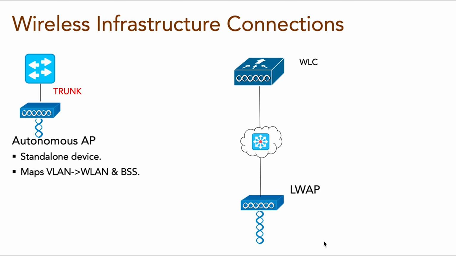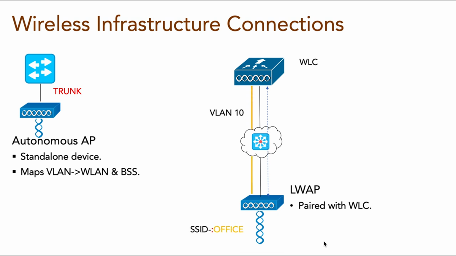A lightweight access point also includes a single wired Ethernet interface and must be paired with a WLC. Wired VLANs that terminate at the WLC from the wired network are mapped to wireless LANs on the AP side.